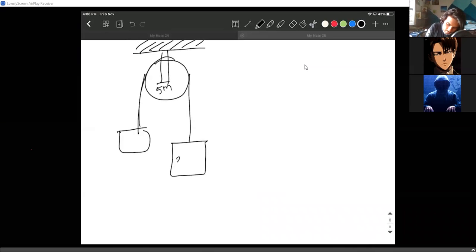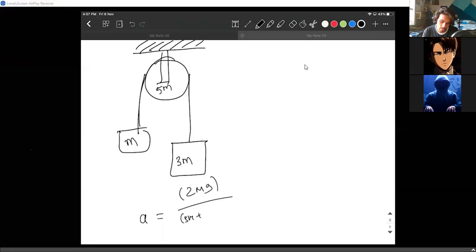5m, 3m, m. Now, just like in Newton's laws, I also have a shortcut to this. So I can directly give the answer. Acceleration goes as 2mg by 3m plus m plus 5m by 2.